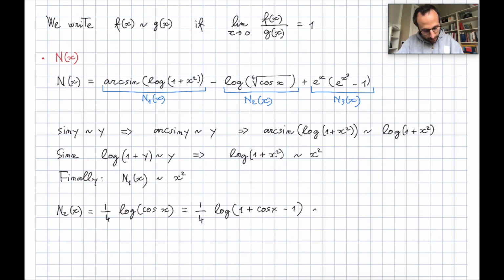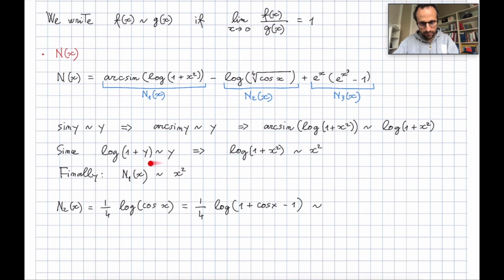But now I use again this formula here, and so this gives me 1 over 4 cos x minus 1. Again, we have to double check that here y had to go to 0 in order for this to be correct. And so here y was cos x minus 1. Does it go to 0? Yes, because in 0 the cosine is 1, so I have 1 minus 1 equals 0. So this substitution is correct.